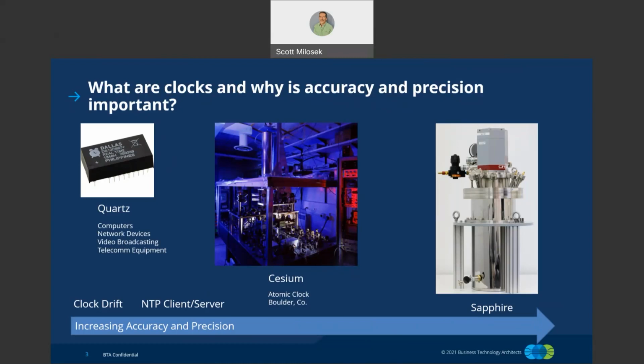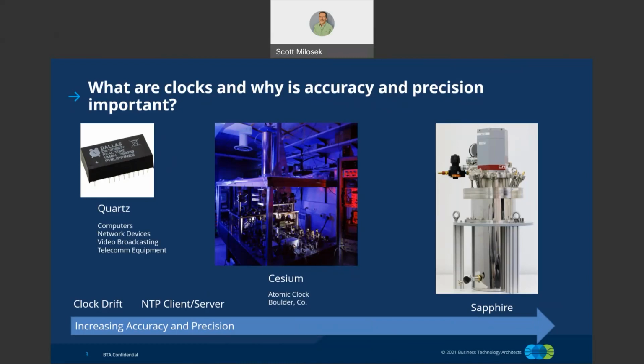Quartz crystals are typically used in any electronic device required to keep time, from your PC to your phone, your laptop, your iPad, whatever it is that you use, and it vibrates at exactly 32,768 times a second. While quartz is an inexpensive material to use to build the clock, it is subject to a phenomenon known as clock drift.